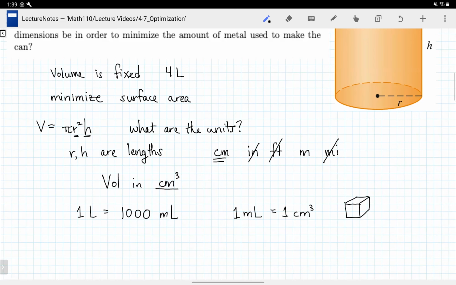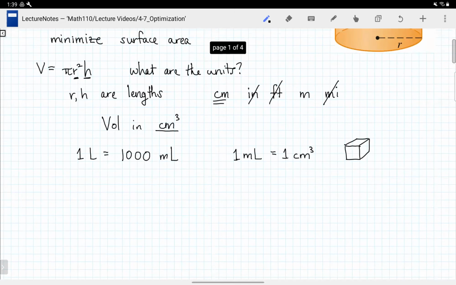So milliliters and liters are typically used for measuring liquids, and cubic centimeters and cubic meters are more often used for talking about the volumes of solids, or of air. But that's the conversion. So 1 cubic centimeter is the same as 1 milliliter.